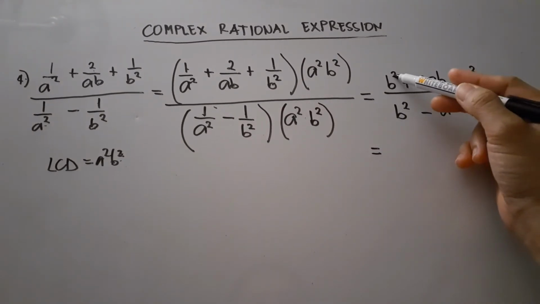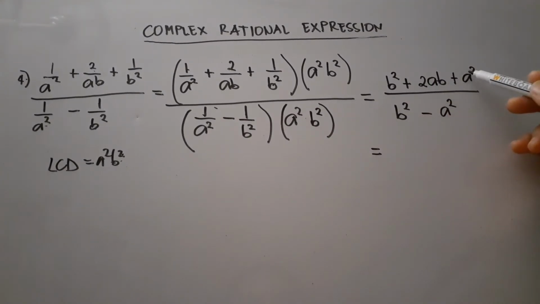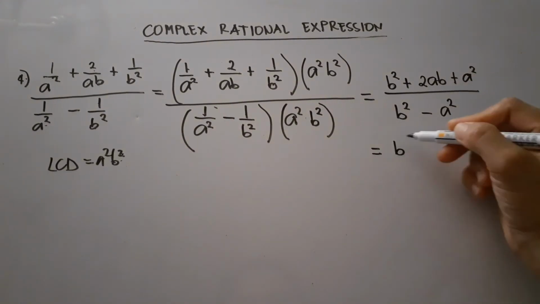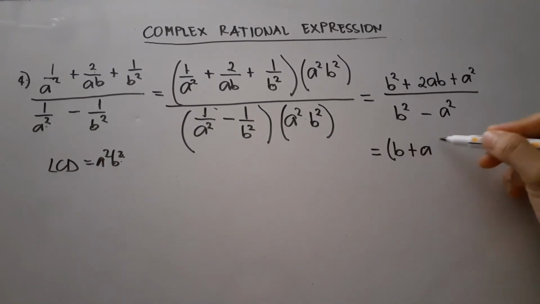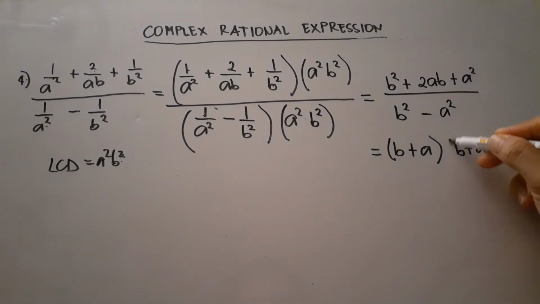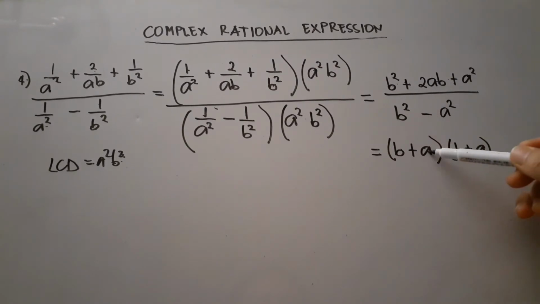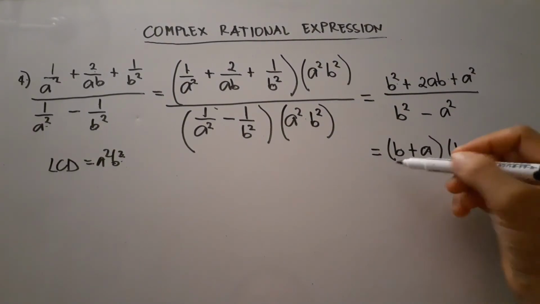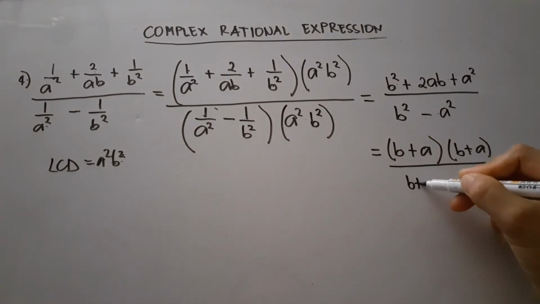And then in this we can factor by using the trial and error method in the trinomial, as you can see in my last video on factoring the trinomial by using trial and error. So we have b positive a and b positive a, because a times b becomes ab, so ab plus ab becomes 2ab, and this is our factor from the numerator.